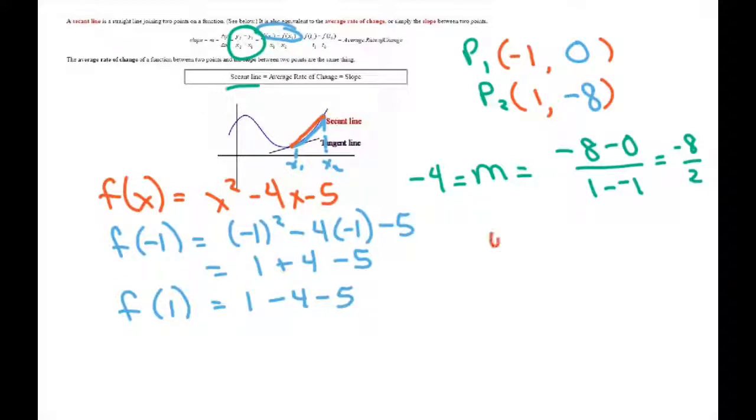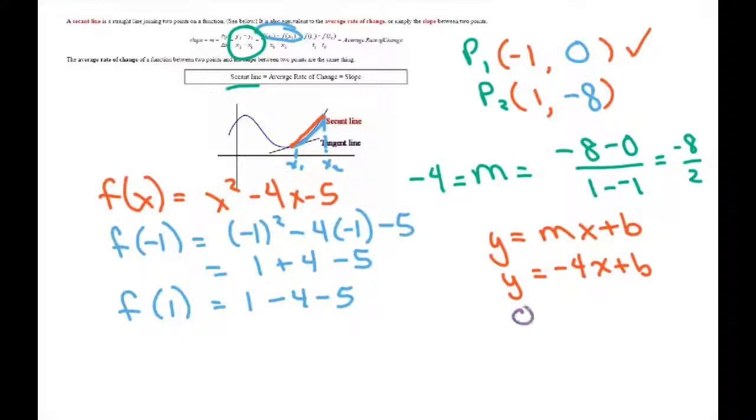Now we need to find our equation of our secant line. So I'm going to just use slope-intercept form. Plug in my -4 for my slope, and I'll go ahead and use this point, and plug in your x and y to find your b.